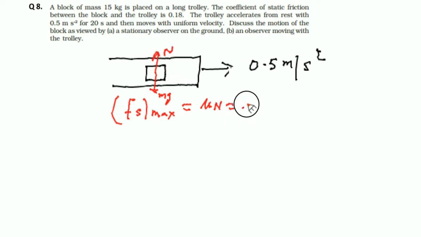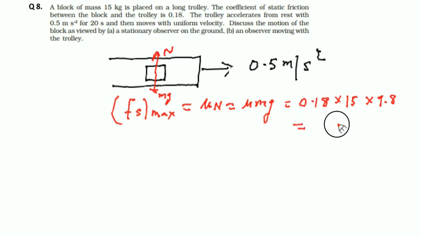So mu into m into g: mu is 0.18, mass is 15 kg, and you can take g equal to 9.8. If you multiply this, you have 26.46 Newton.